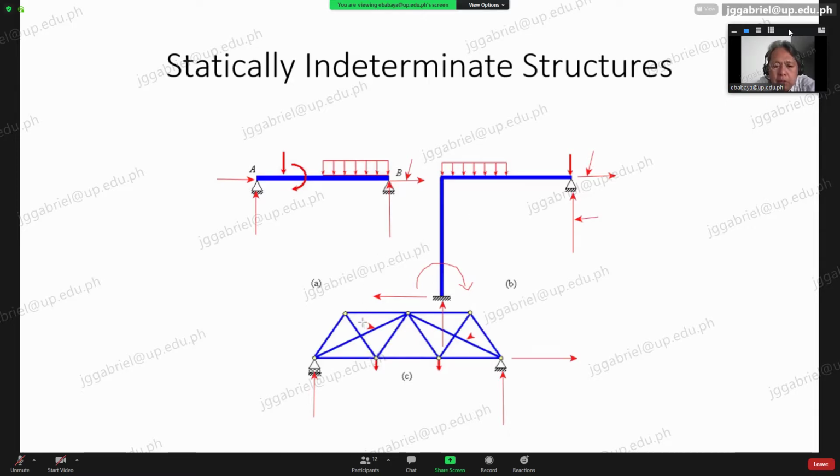Then this one, and this one. These two are external, and these two are internal. You see the difference whether it is internal or external. If the redundancy is in the support, then it is external. If it is in the structure itself, it is internal. Okay, you got that?